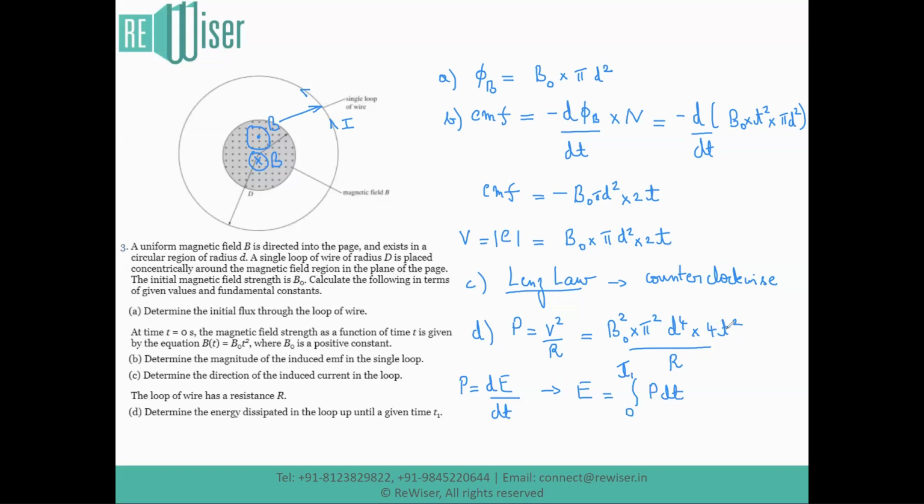So we just end up integrating T square with respect to T. The integral of T square with respect to T is T cube over 3, which gives us the total energy dissipated as a function of time T1 as E equal to 4 B naught square pi square d to the power of 4 into T1 the whole cube, with the limits of the definite integral applied, over 3 times R. This is the entire expression for energy dissipated up until time T1.